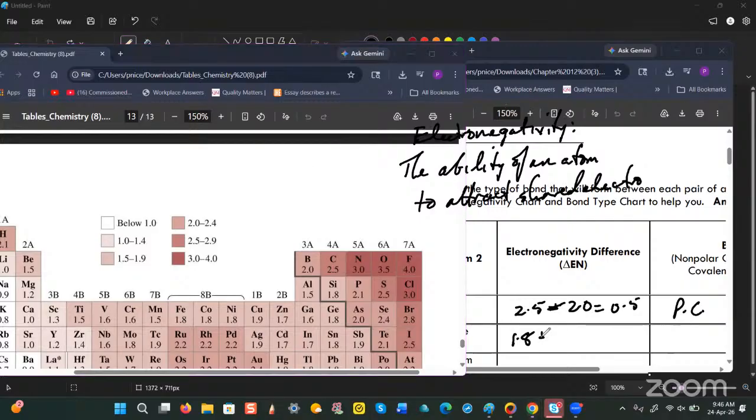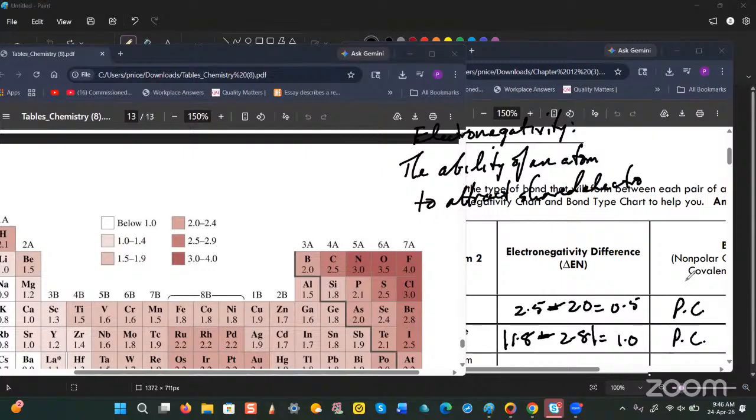So 1.8 minus 2.8, and you use the absolute value, right? So that would be 1.0. 1.0 would put that also in the category of polar covalent. Again, because polar covalent bonds are the bonds where the atoms have a difference in electronegativity going from 0.5 to 1.7. So 1.0 falls within that range, all right?